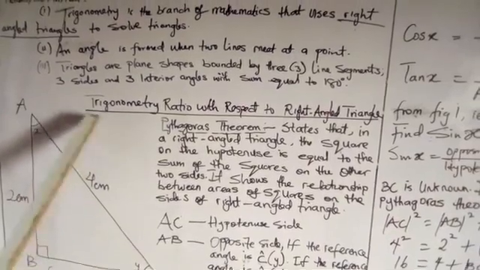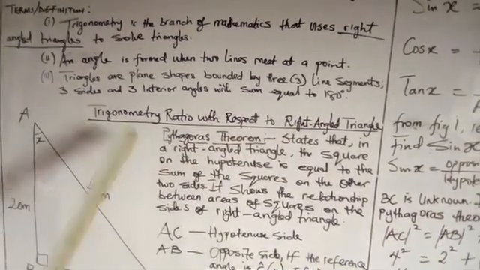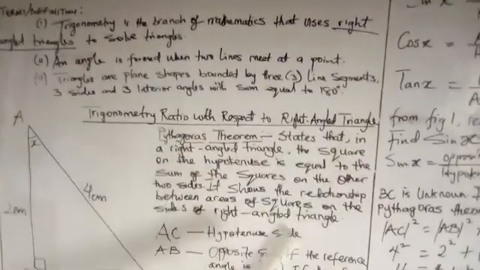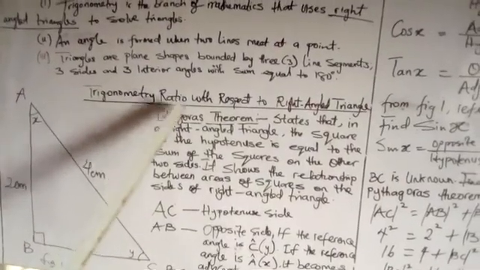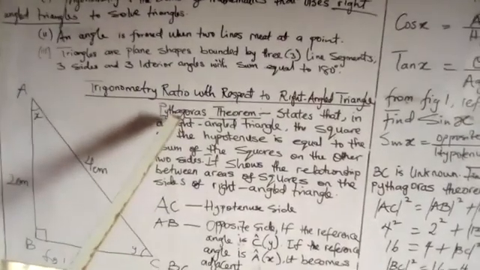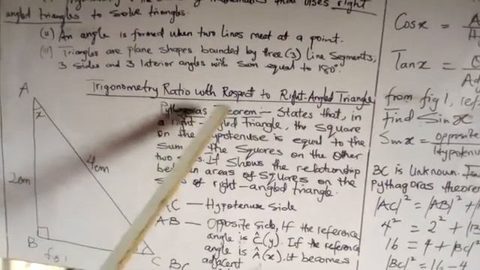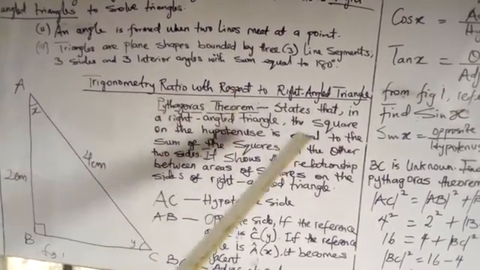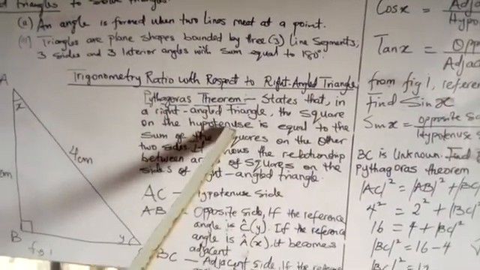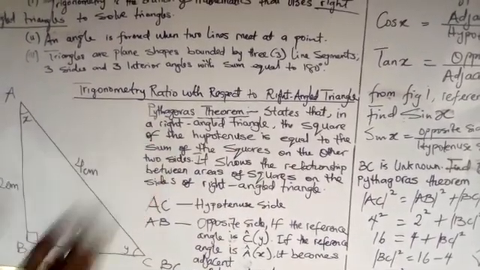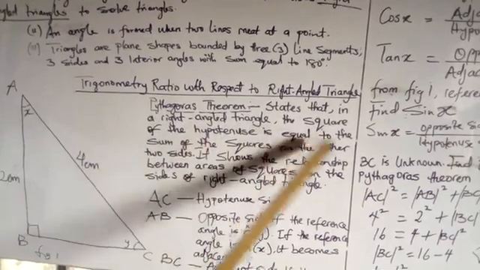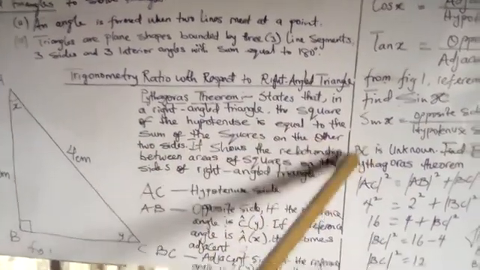So now trigonometry ratio with respect to right angle triangle. When solving trigonometry using trigonometry ratio, there is a rule, and the rule is called Pythagoras theorem, which states that in a right angle triangle, the square of the hypotenuse is equal to the sum of the squares on the other two sides.